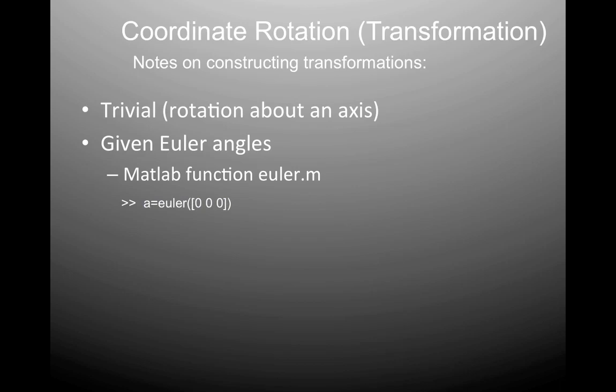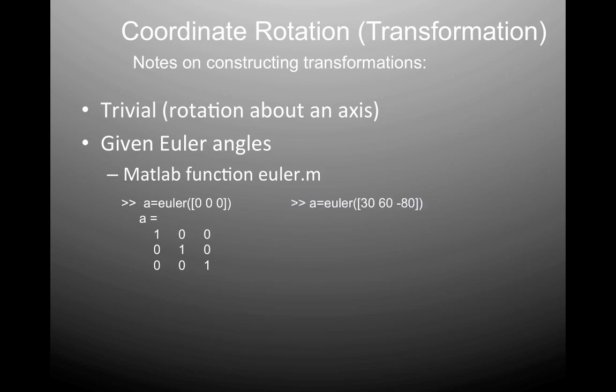A matrix is equal to Euler, and within the parentheses of this function there's a square bracket which encompasses numbers that are to be combined together into a vector. So we have a vector 0, 0, 0, so 0 rotation on each axis. And of course, MATLAB will spit back to you the identity matrix where the mapping is x goes to x prime, y goes to y prime, and z goes to z prime.